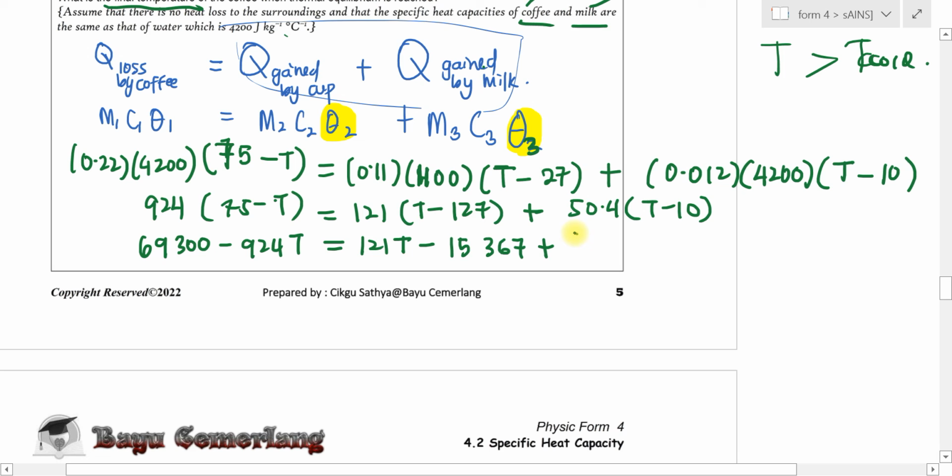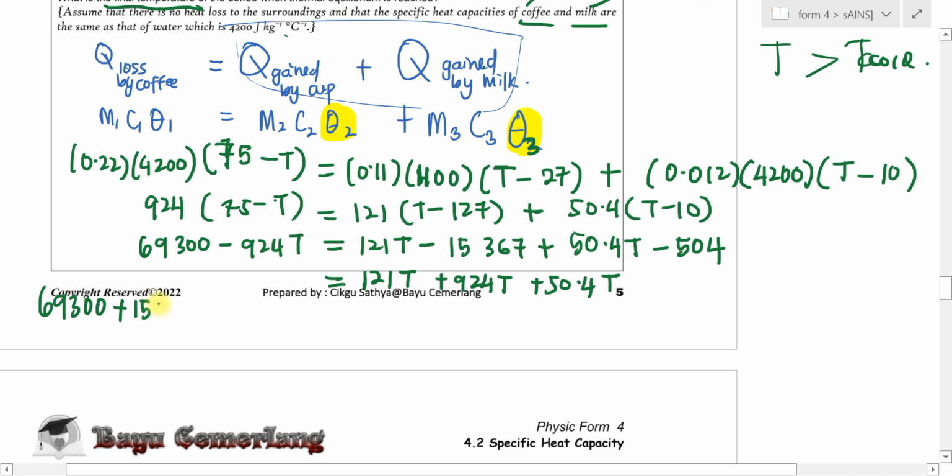Because I'm not sure I'm doing it right. 50.4T minus 50.4 times 10, sorry, so 504. So all the T terms we collect in one place: 121T plus 924T plus 50.4T. Whole numbers, you bring to one side. 69,300, the minus will become plus, 15,367 plus 504.